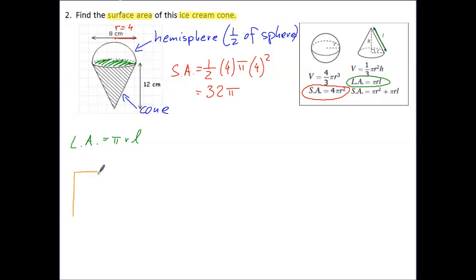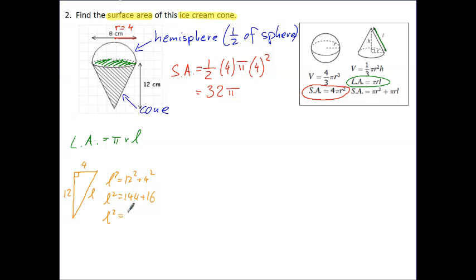The height of our cone is given to us with 12 centimeters. The radius is 4, and so our slant height L squared would be 12 squared plus 4 squared. So that's 144 plus 16.